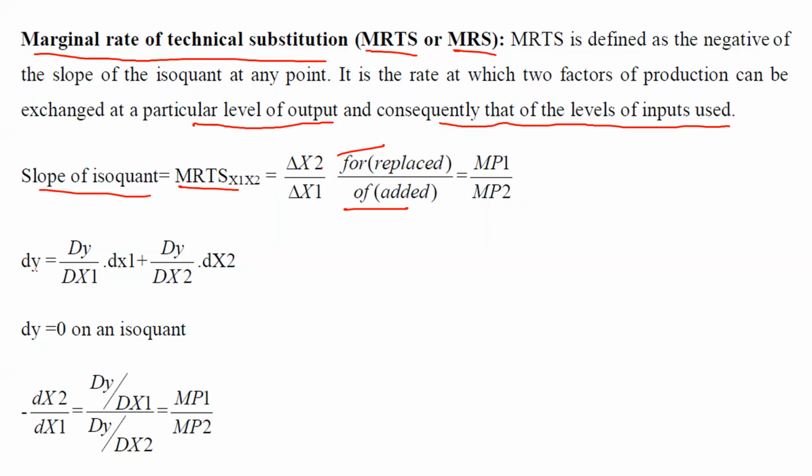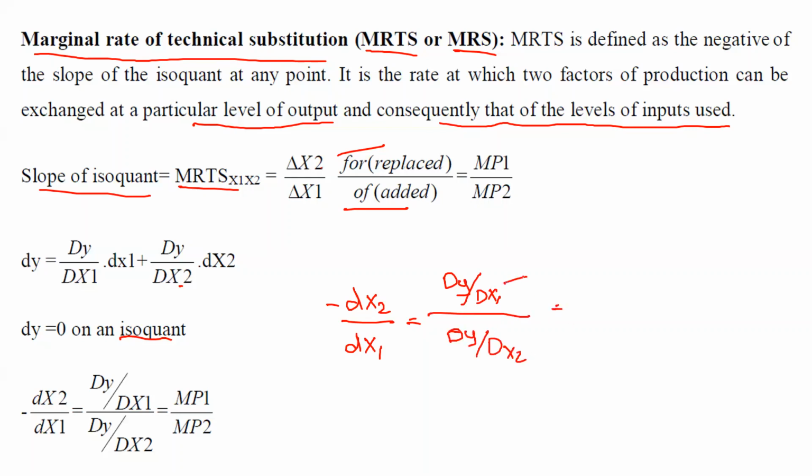So you can simplify it as dy is equal to differentiation of y with respect to x1 into dx1, plus differentiation of y with respect to x2 into dx2. Now dy is equal to 0 because it is an isoquant. Here production is constant, so dy will be equal to 0. If we simplify this, we'll get minus dx2 divided by dx1, which will be equal to dy divided by dx1, whole divided by dy divided by dx2.